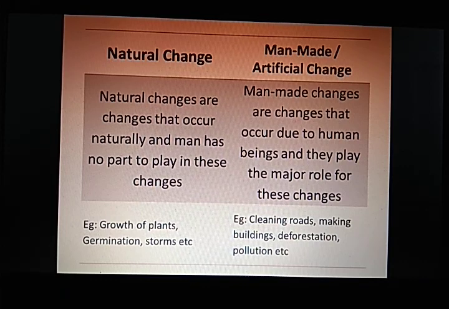Example, growth of plants. Can we control the growth of plants? Can we control the germination of a seed? Can we control storms, cyclones? Can we control these things? When exactly the leaf of a plant will come out, can we control that?